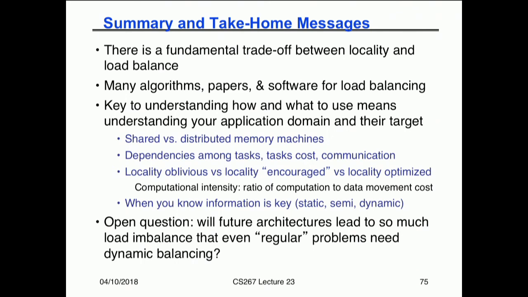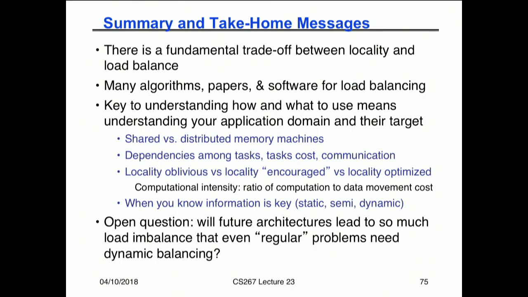So figuring out what to use means you have to understand your application domain. You need to understand what is known, at what point it is known, and how bad your load balancing problem is. And you may need to know something about the machine, certainly whether you've got a shared memory or distributed memory environment, whether you've got dependencies, what the variability in task costs is, and how much communication you have between tasks.